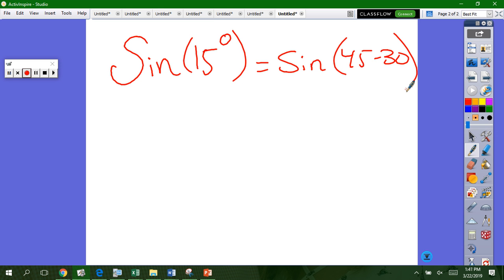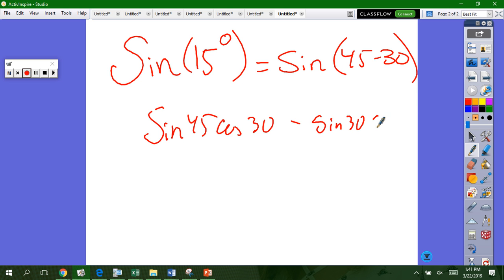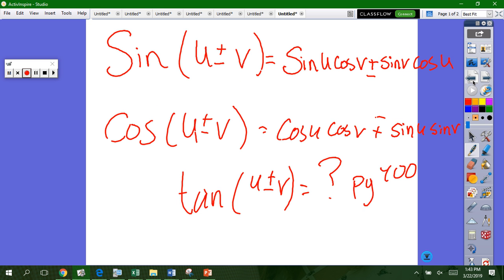Okay, so here we go. Sine of 45 cosine of 30 minus sine of 30 cosine of 45. Why wouldn't that be just sine?